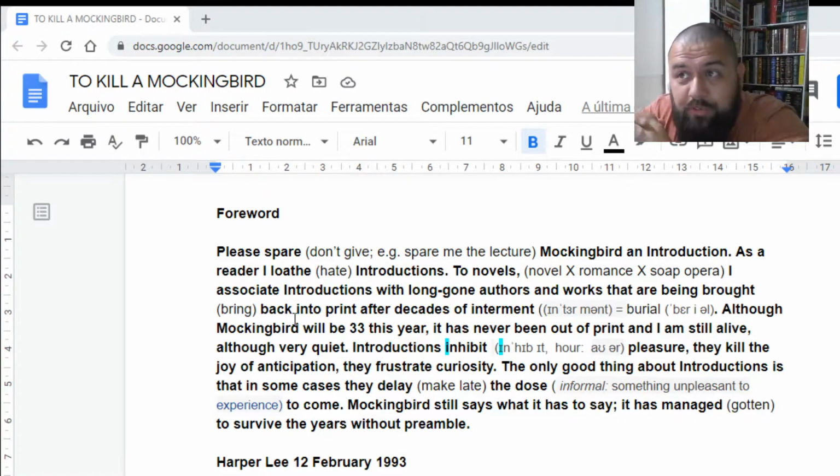So it's much older than this. Although Mockingbird will be 33 this year, it has never been out of print and I'm still alive, although very quiet. Introductions inhibit pleasure, they kill the joy of anticipation, they frustrate curiosity.